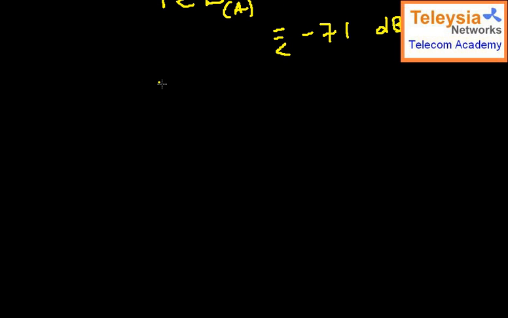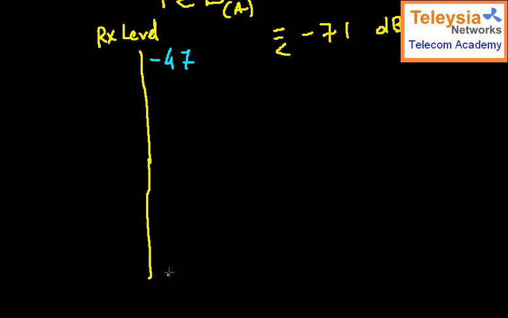Let us draw the standard scale here. This is your RX level scale, and as you know it starts from minus 47 as the strongest, and minus 110 is the poor one. In my condition right now, my adjacent channel is at minus 71 dBm, and my carrier is at minus 80 dBm.